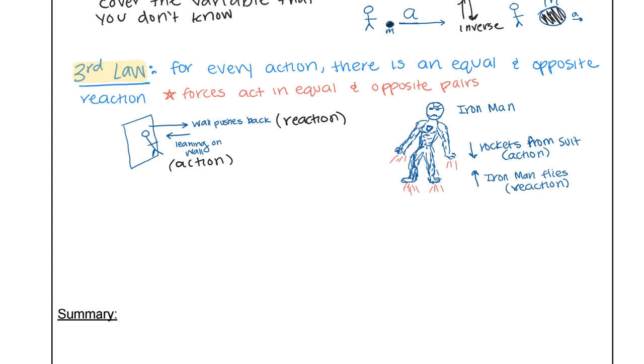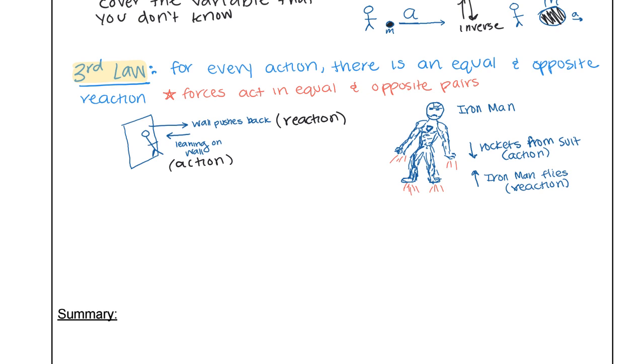Thank goodness, so we don't fall through the wall. The forces come in pairs. You leaning on the wall is one force, and that wall is going to exert a force of an equal amount to keep you standing, right?